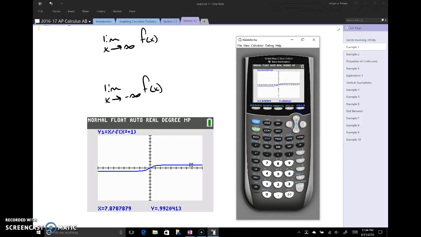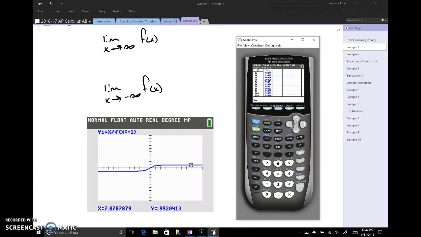We can also go to the table and just keep moving out on the table. We might want to go table set, start our table. Let's start our table at 0, but let's move by tens so we can make a lot of progress. It'll be different for each graph, so we might want to move by tens or hundreds. But look at how closely we're getting to the value 1 on that side.